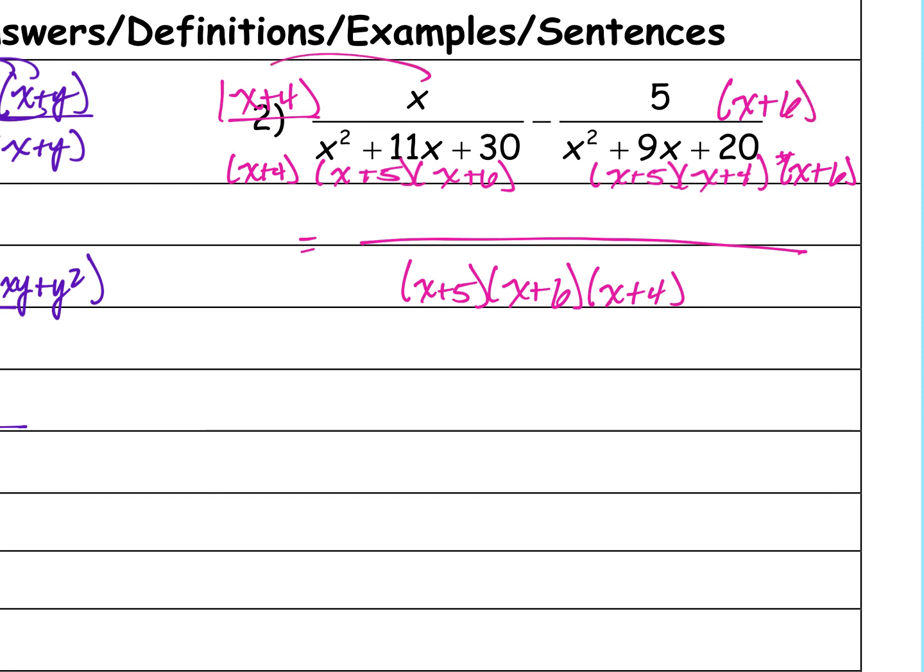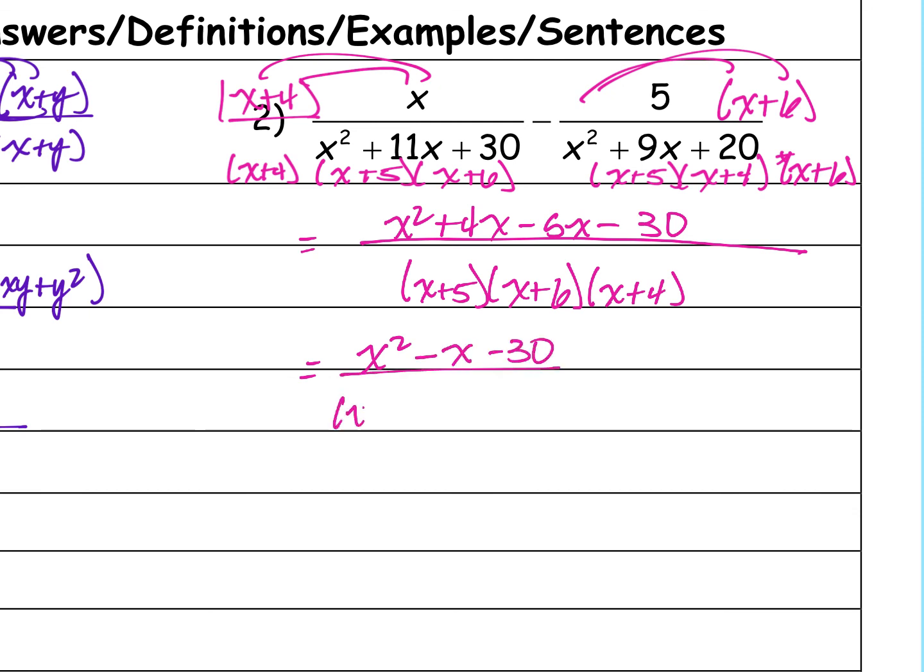So now I'm going to distribute. So I get x squared plus 4x, and I'm distributing a negative 5, so minus 5x minus 30. So I'm going to get x squared minus x minus 30 all over x plus 5 times x plus 6 times x plus 4. And actually, I think the top factors this time.